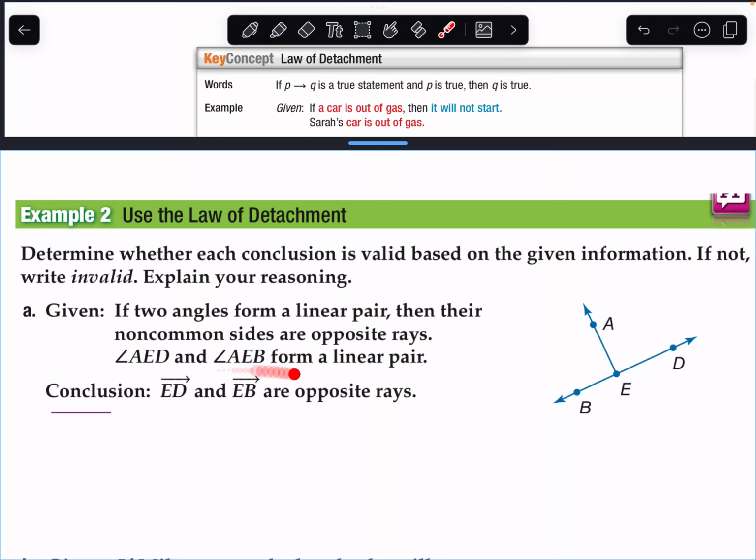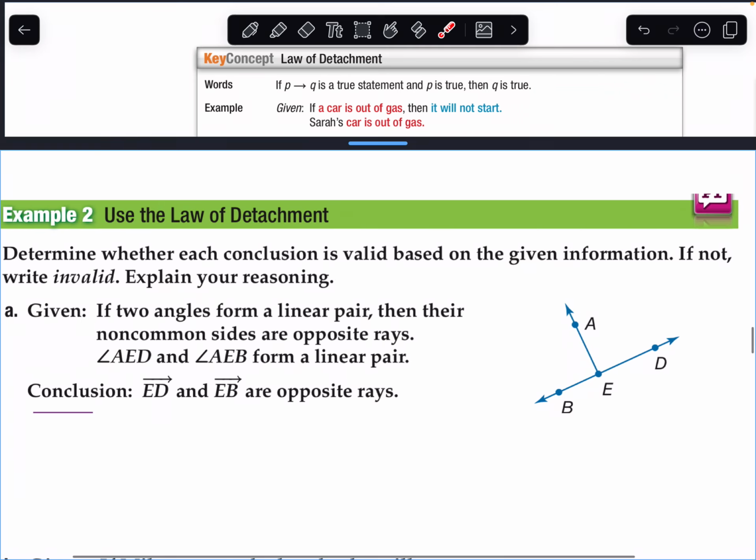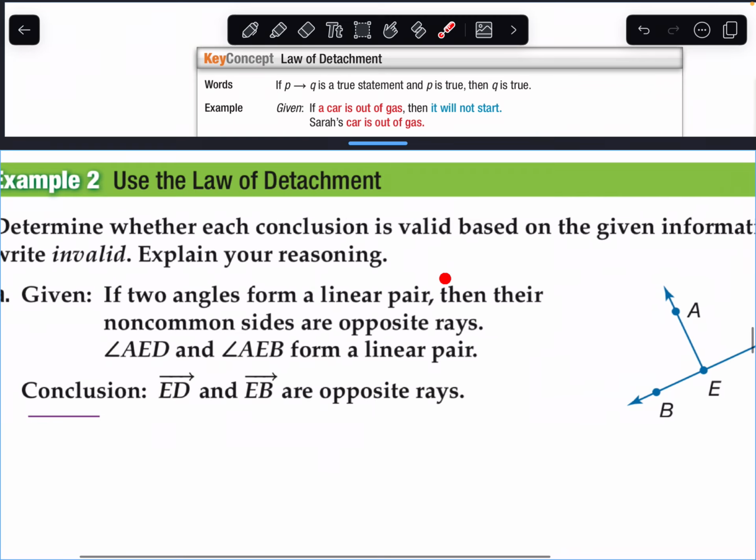So these non-common sides must be opposite rays. We get the specific version of that conclusion as our new conclusion. And let's double check that they have named these correctly. If these are the linear pair of angles, then ray ED and ray EB are opposite rays.